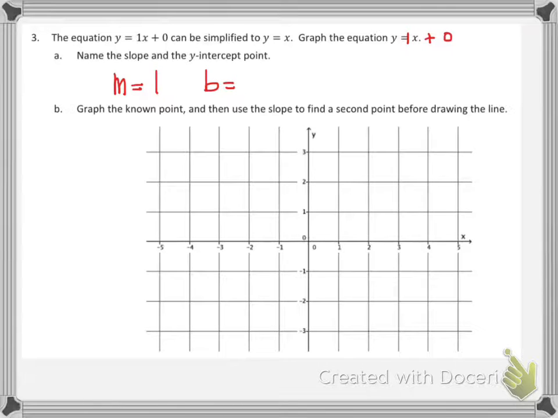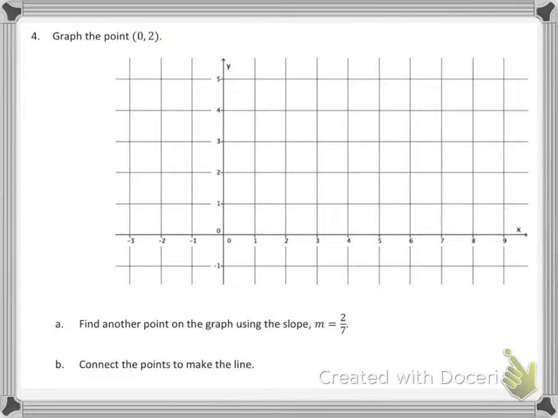It's plus 0. So the y-intercept is 0. Okay, then I can graph the line. I just say, well, it's going to cross the y-axis at 0. That's that point. And then the slope is up 1 to the right 1. And there we have it. Okay, and then I can draw that line. There we go.